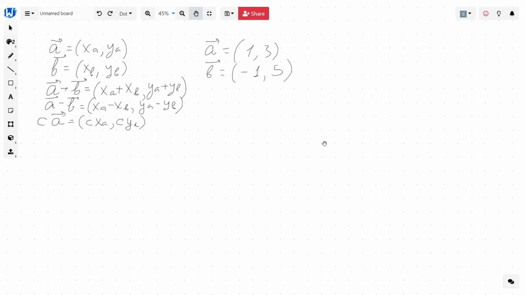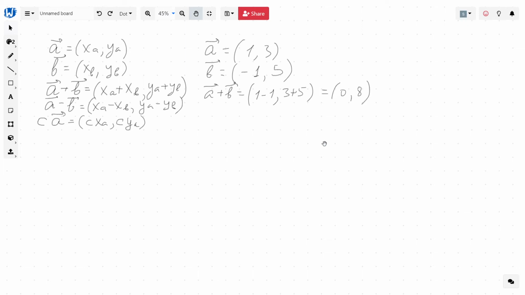Now, what is A plus B? It's basically adding the coordinates: 1 minus 1, 3 plus 5. And it means that A plus B equals 0, 8.